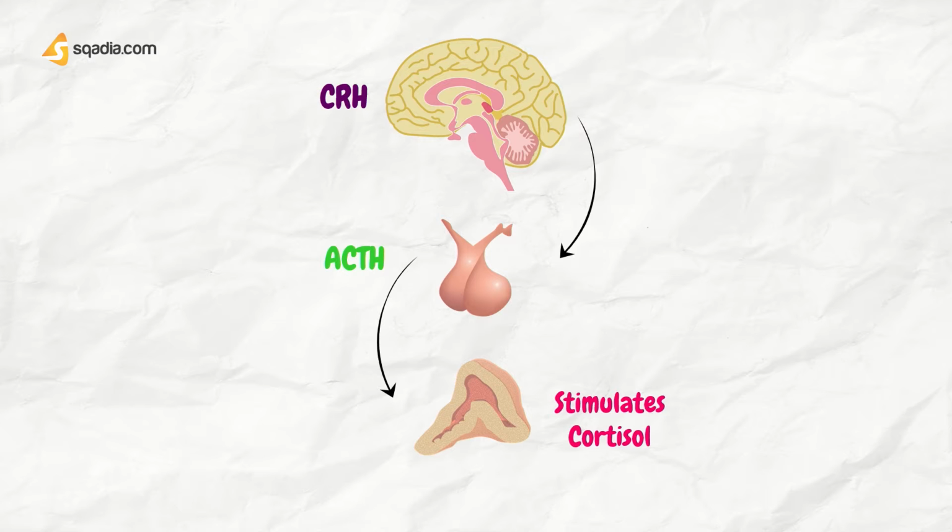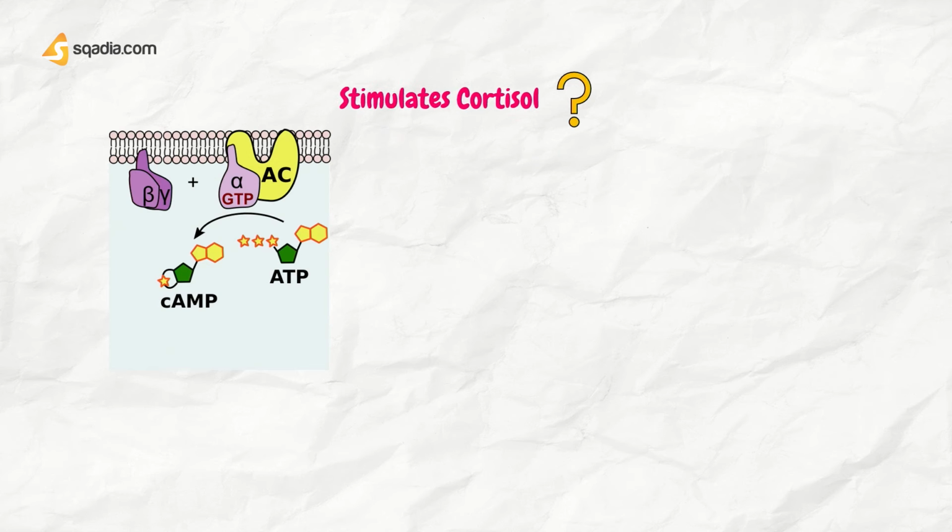Well, how is this cortisol release going to be stimulated? Well, the simple mechanism involves the activation of adenyl cyclase. Adenyl cyclase is an enzyme with key regulatory roles in essentially all kinds of cells.